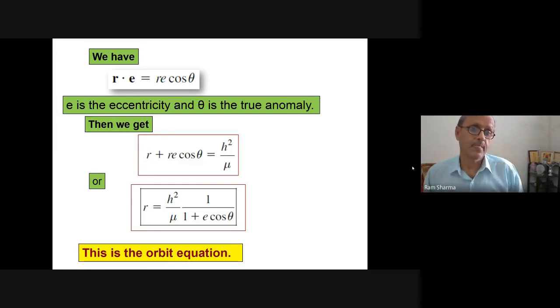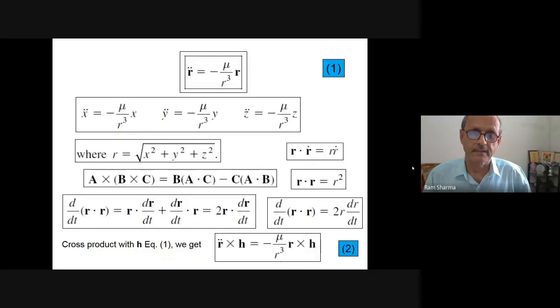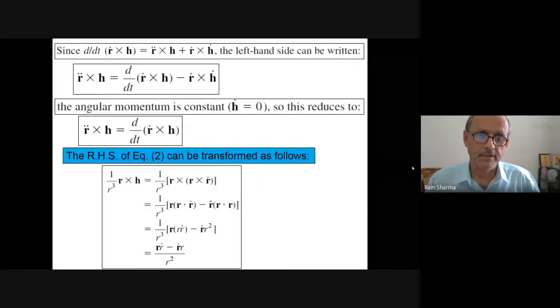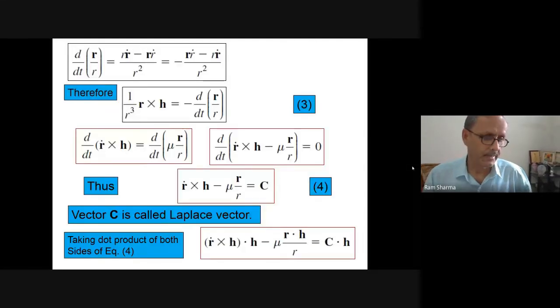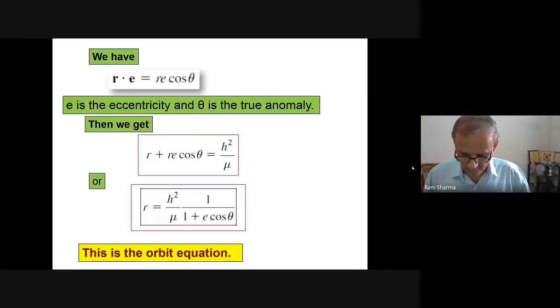This is the equation which we utilize a number of times. So we started from here and did some vector manipulations, and we have got this equation. So this is how today's lecture went.